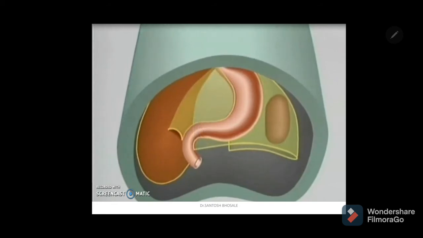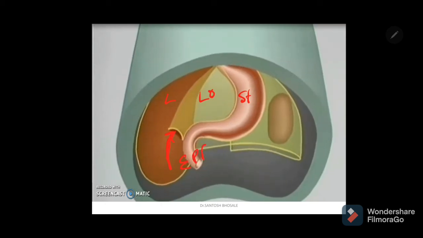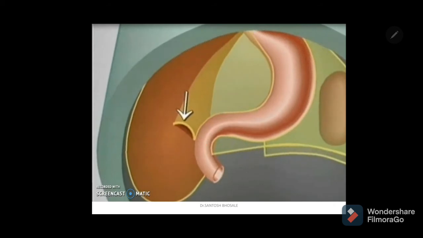Now the part of the right-sided sac goes and lies behind the liver, lesser omentum, and stomach, and it communicates with the greater sac via the epiploic foramen, or foramen of Winslow.